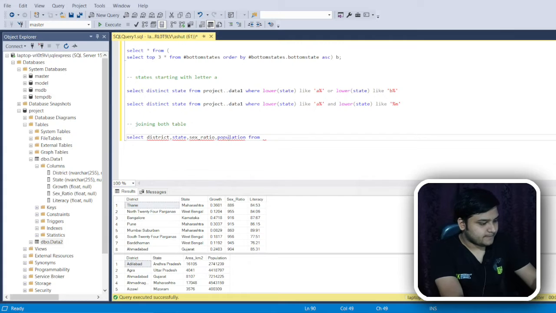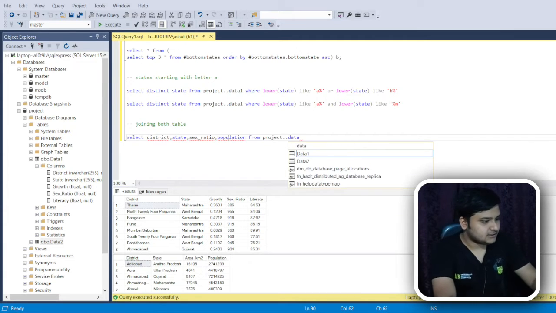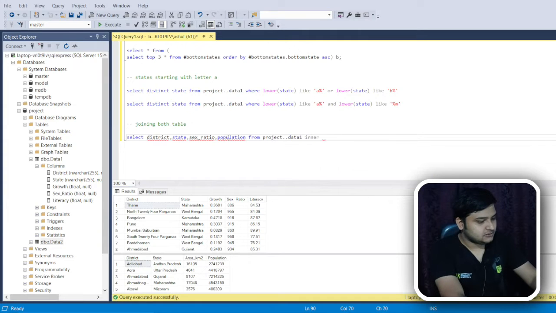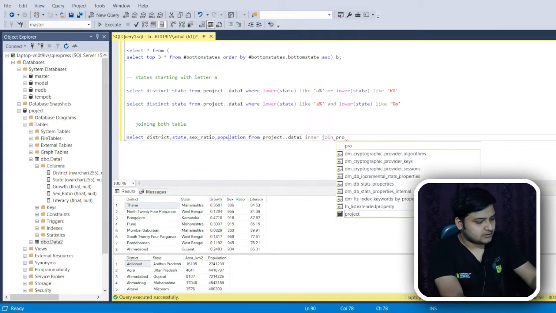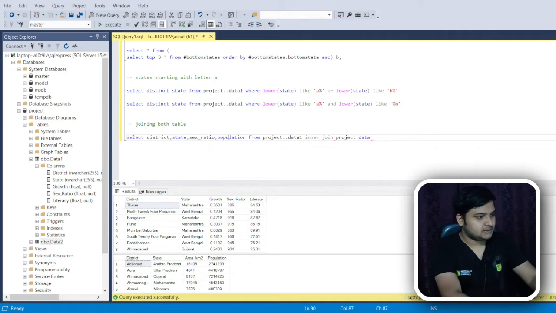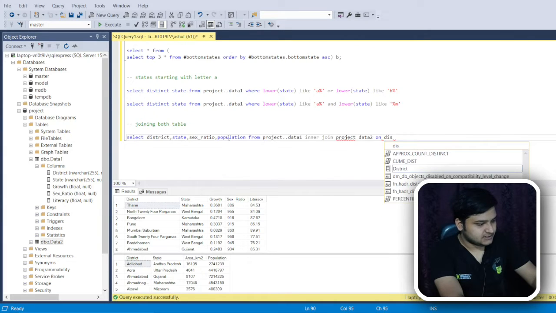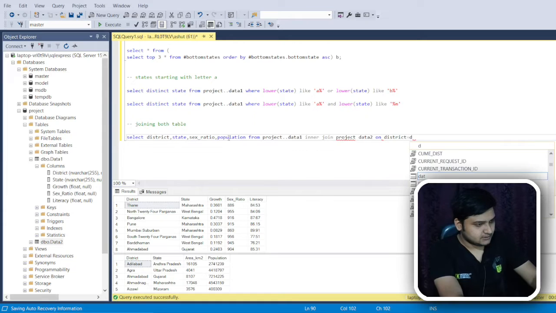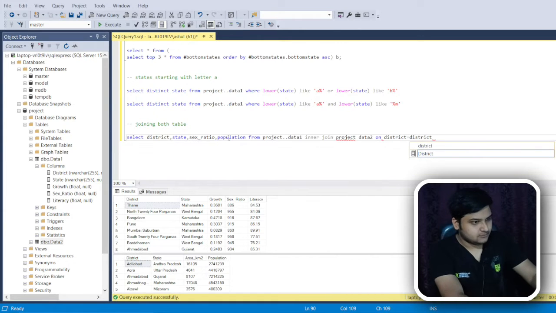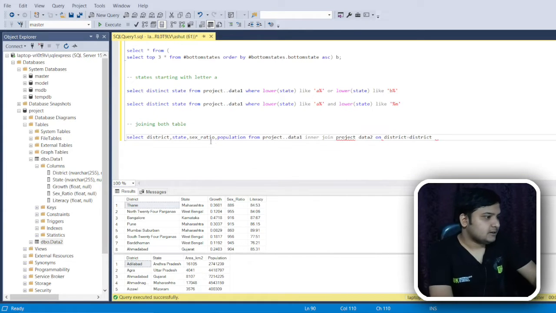From project data 1 inner join project data 2 on, and what is the common column on which we'll be joining? That is the district column. So that's it. But here is the catch.